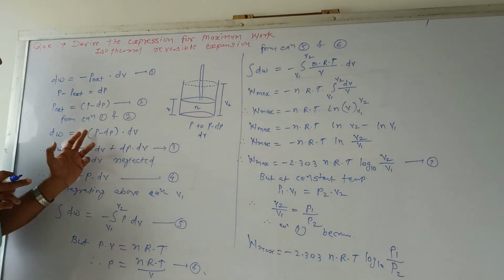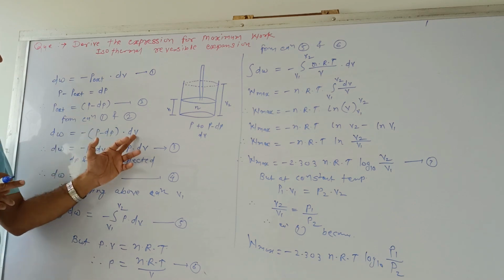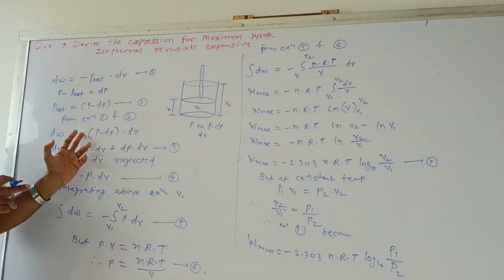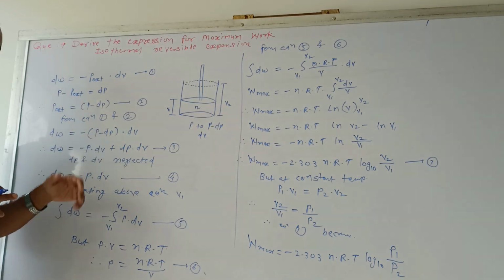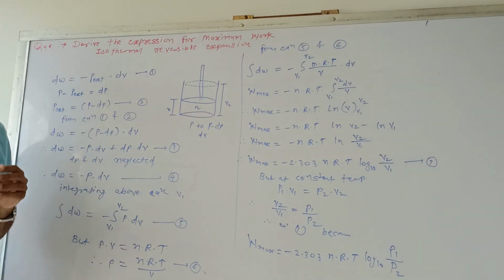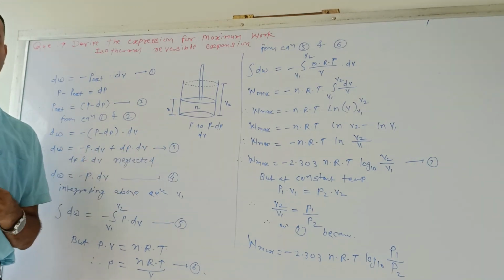After solving this, minus into P becomes minus P, multiplied by dV. Minus P into dV. Now this minus minus becomes plus dP into dV. Clear? This is the derivation we have seen, equation number 3.